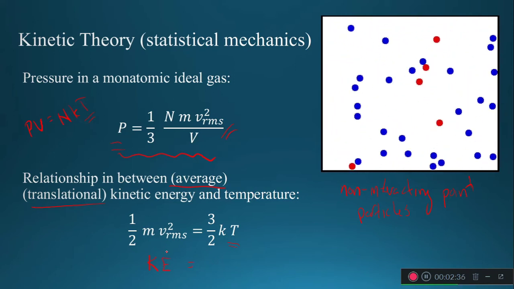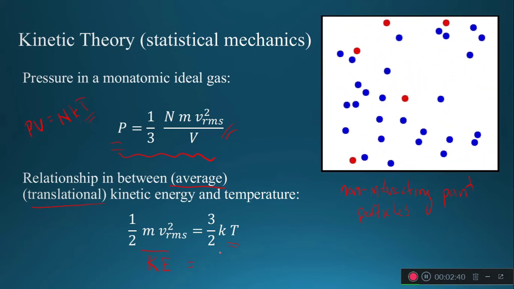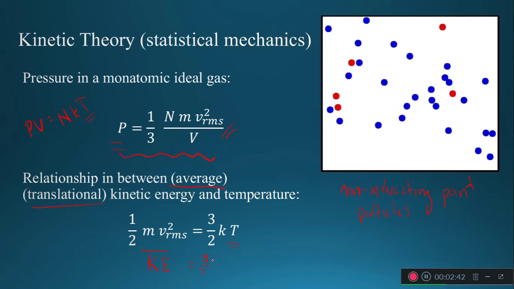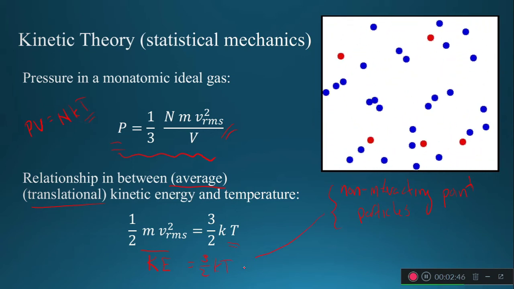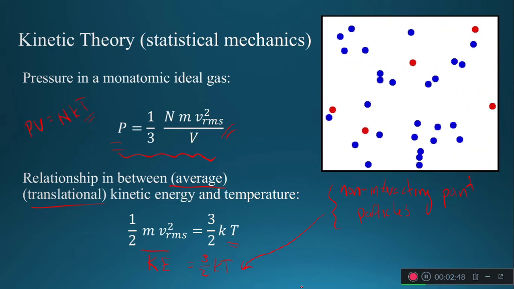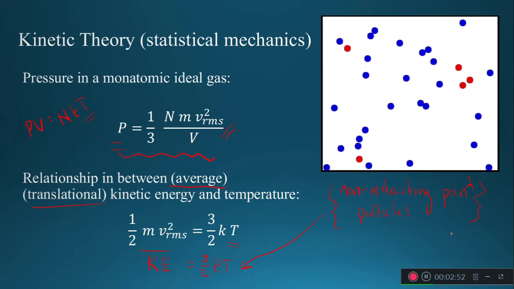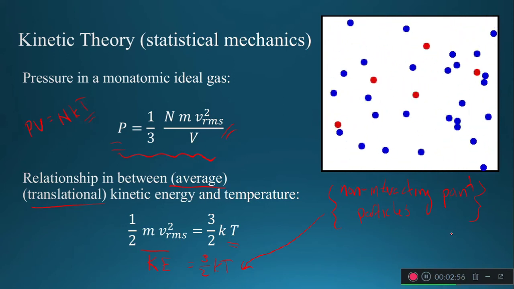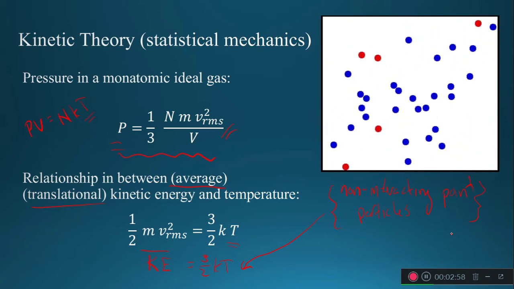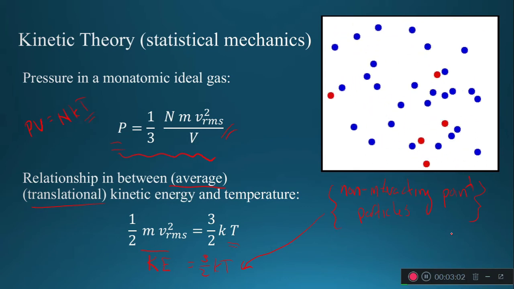So the average kinetic energy, the root mean square just basically means fancy average, is equal to 3/2 kT. So this again, the 3/2 part at least, or the 3 part, is for non-interacting point particles. We'll talk about what happens when you make them not point particles. We won't talk too much about interacting outside of the context of this video, and just qualitatively at that.